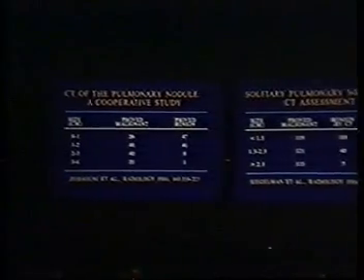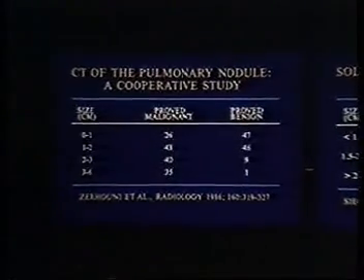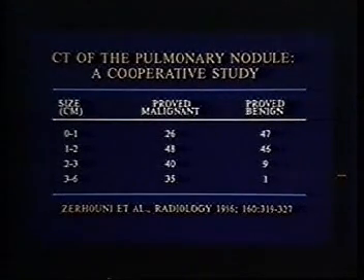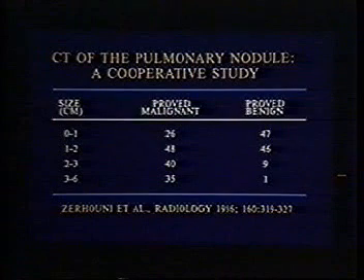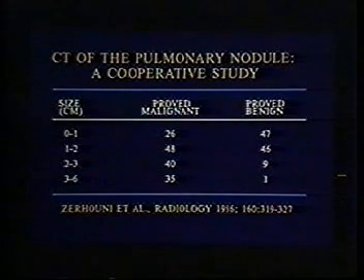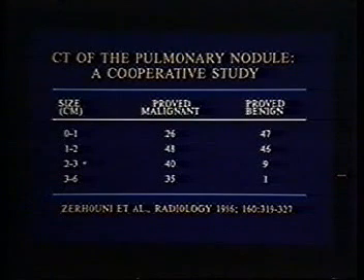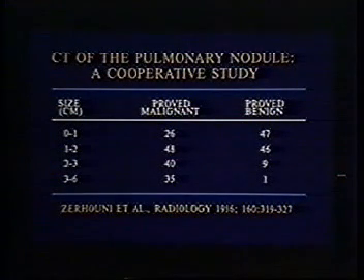One other thing we have to concern ourselves with in using CT to try to diagnose a lesion as calcified and benign is size. In Zerhouni's series and Siegelman's series, nodules that were larger than 2 centimeters or 2.5 centimeters in diameter were uncommonly benign lesions, and even when they were benign, it was difficult using CT to call them benign.